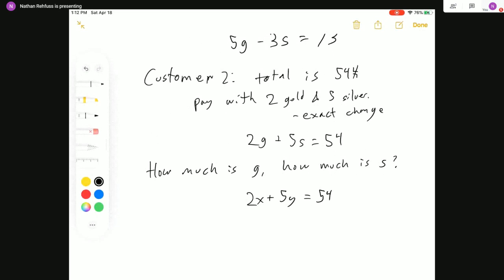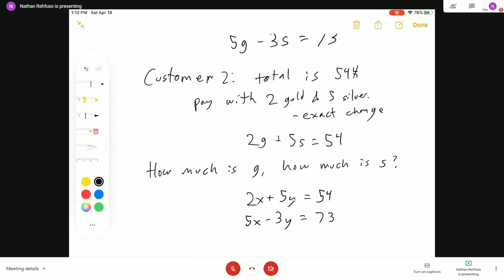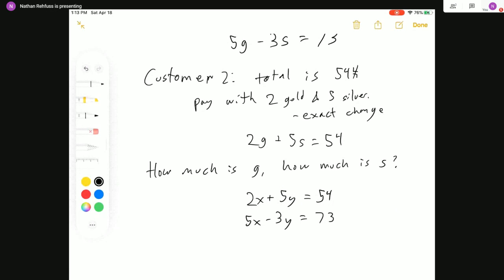The other customer had 5x minus 3y equals 73. So the good news is that this is exactly enough information to solve the problem. We've got 2 variables here, x and y, 2 unknowns. But we've also got 2 different equations. So we have as much information as we have freedom in the problem. So this should allow us to specify exactly one answer.